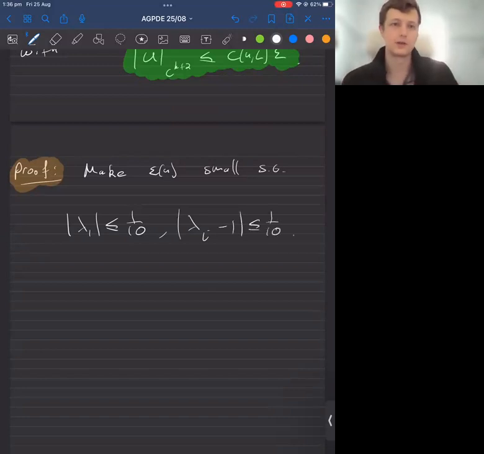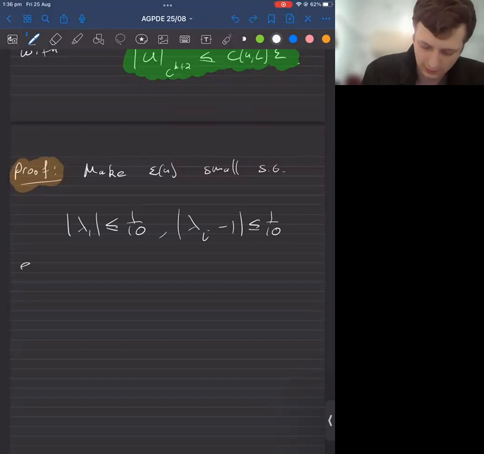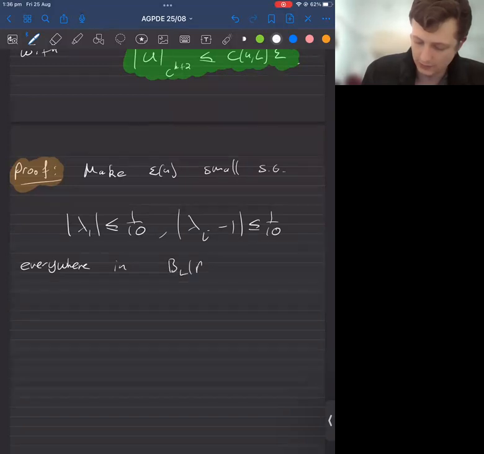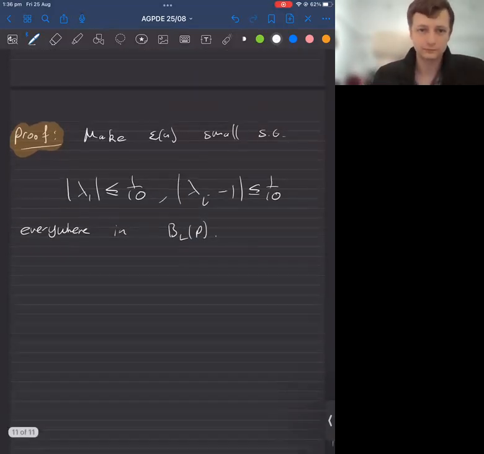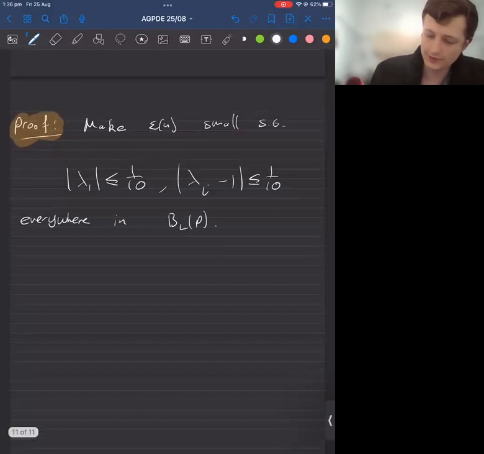Okay, so that's what we can do there. And we want that everywhere in the ball of radius L. Okay, but what this gives in particular is that lambda_1 is certainly not equal to lambda_2, right? So that means there's a well-defined eigenvector.